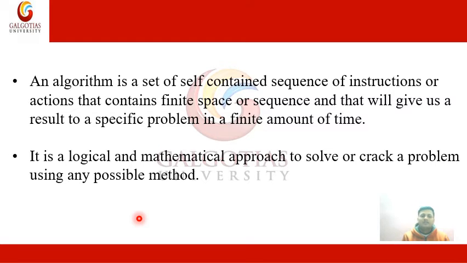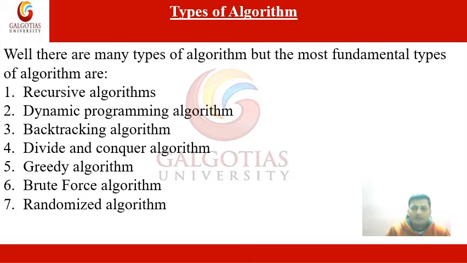If we have statements or steps inside an algorithm, say a step number 3, there should be some logic behind why we are writing step number 3. There should be some mathematics: what are the output or benefits of writing this step? We must have some reasons. So these are the properties of an algorithm.